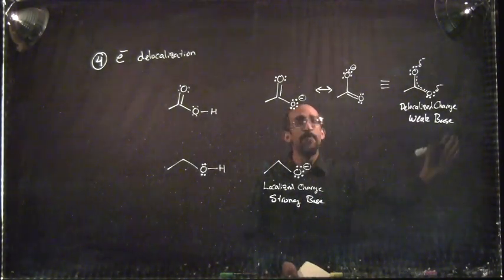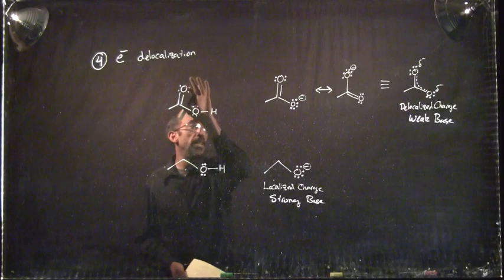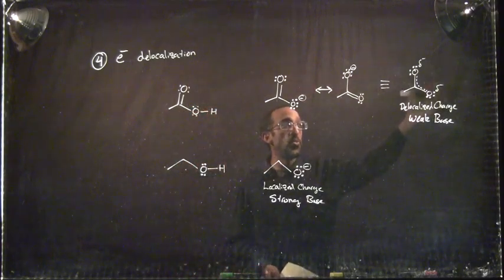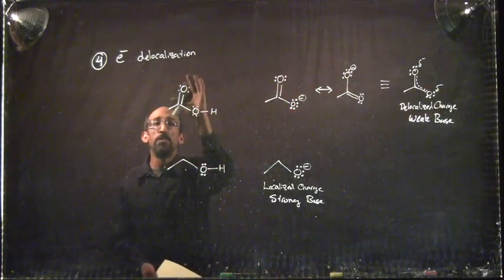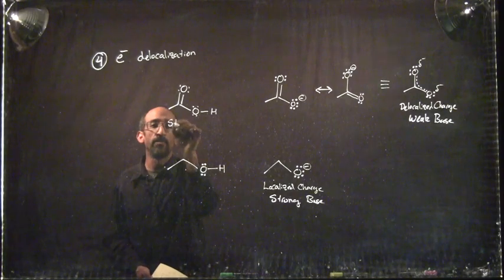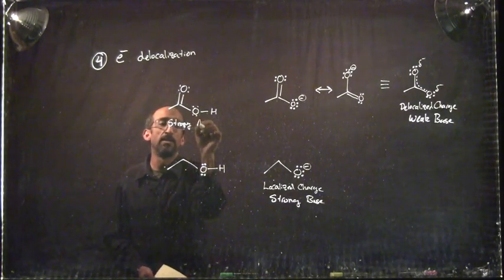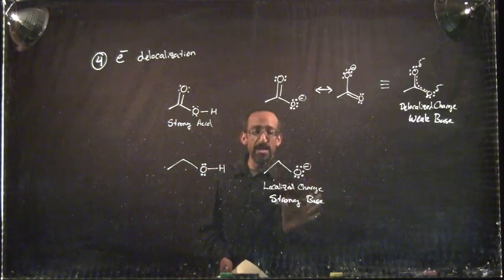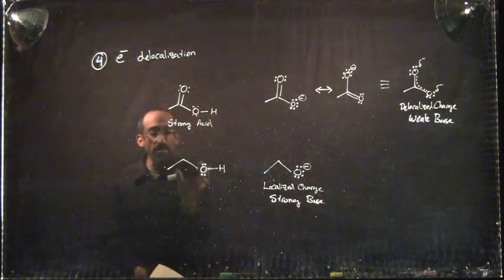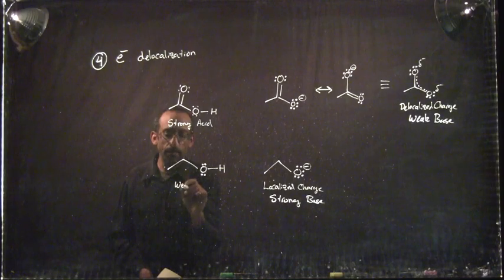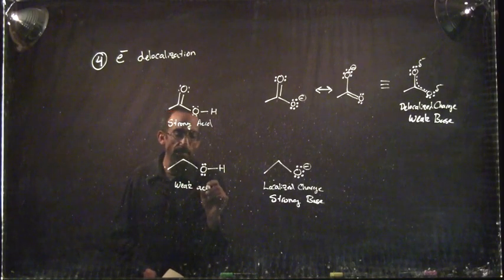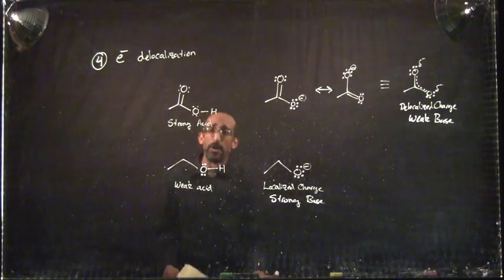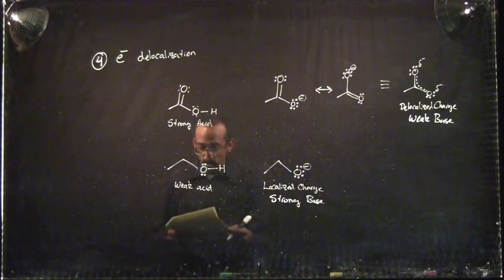Which means that because its conjugate base is weak, acetic acid should be a strong acid. And because its conjugate base is a strong base, ethanol should be a weak acid. And this is confirmed by the pKa's of these two different molecules.